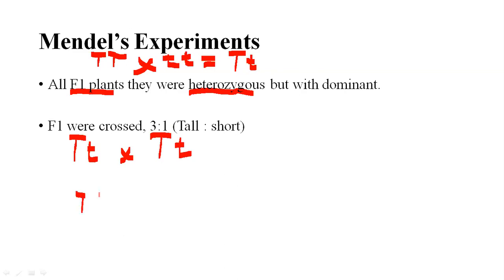One is the pure homozygous dominant, the other two are heterozygous, and one is the pure homozygous recessive. So three are the tall phenotype and one is short.